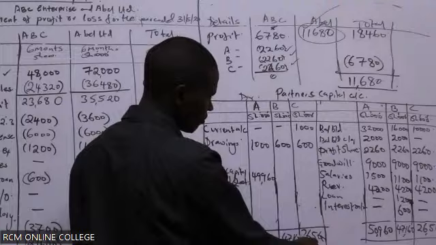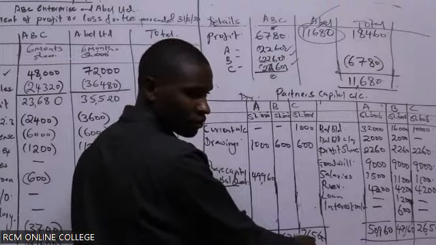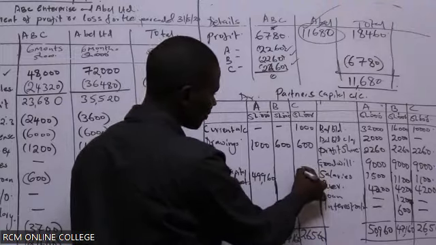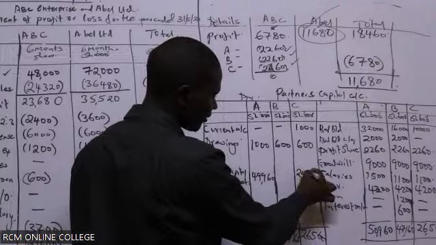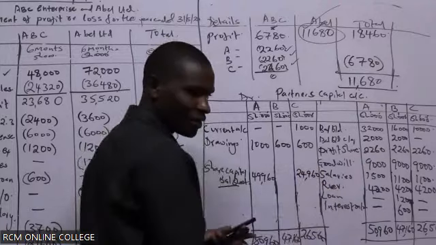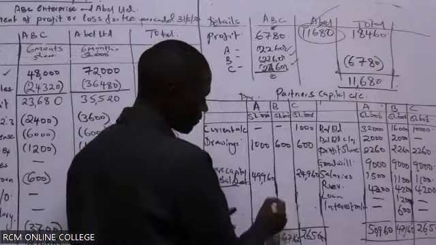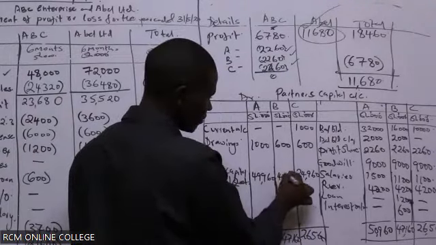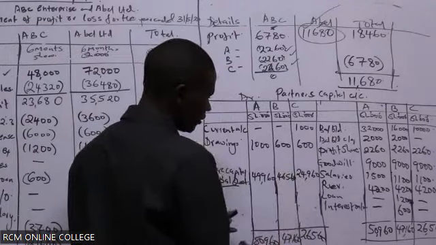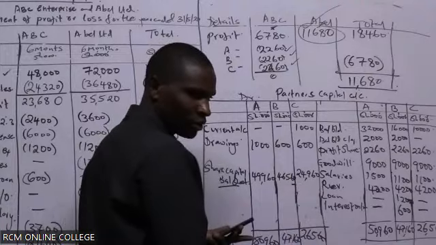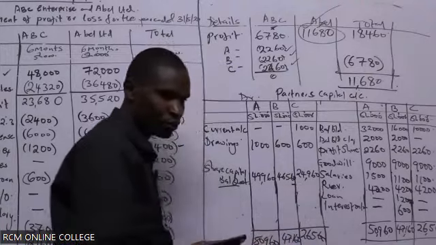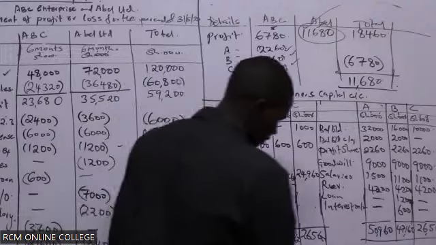Esther, you like C, yeah? 24,960. Thank you so much. It is very nice. 46,560. 60 is very common.